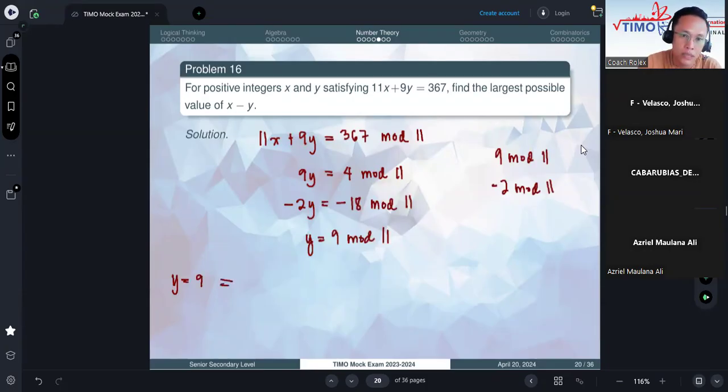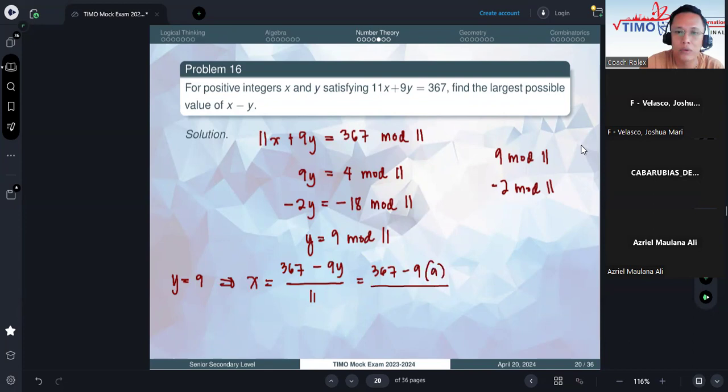Then we replace in the given equation: our x is actually equal to 367 minus 9y over 11. So you will have 367 minus 9 times 9 over 11.